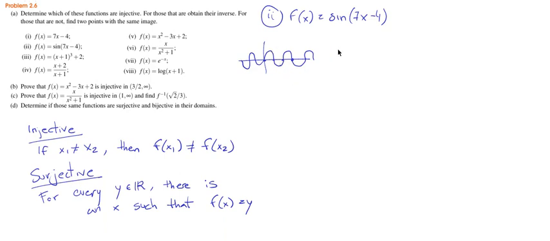Okay, so this function is periodic. That means that it repeats itself. So every period you get a copy of the same function. So the same x plus the period will give you the same y.